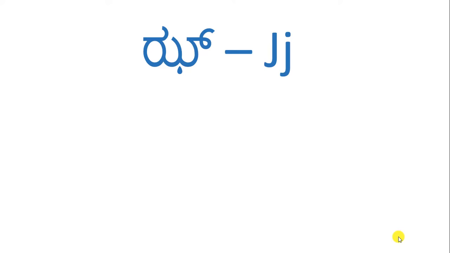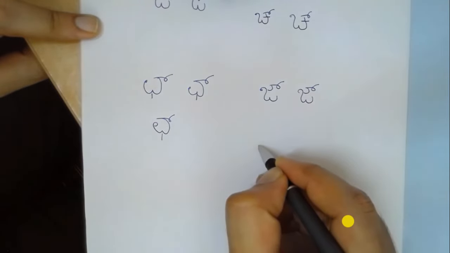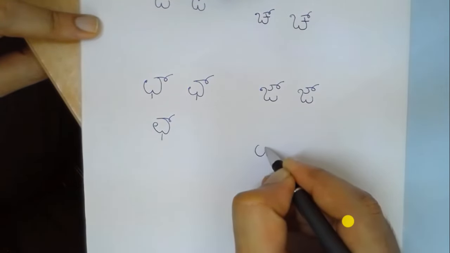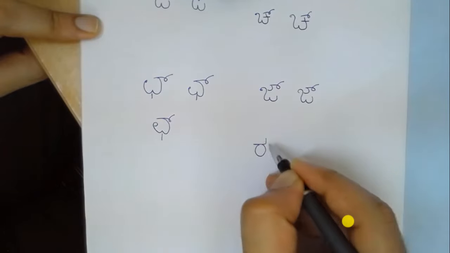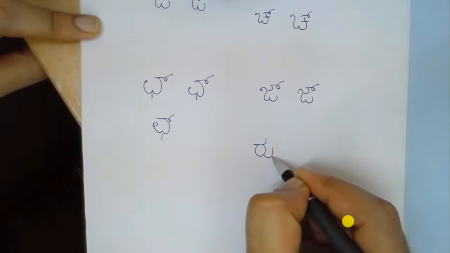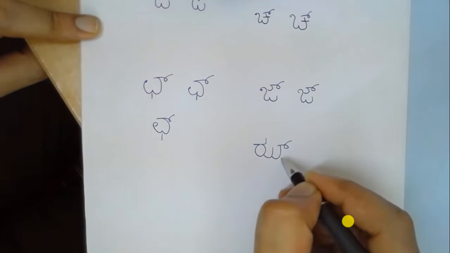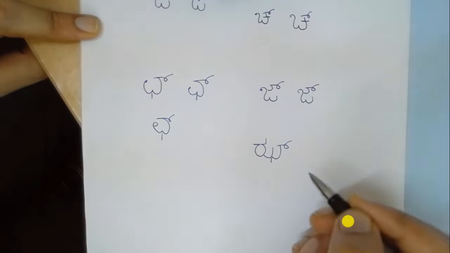So this is j, a heavier version of the previous one. See how it is written in Kannada. It is j, not ja. Ja is something else. We have to abruptly end it while pronouncing it.